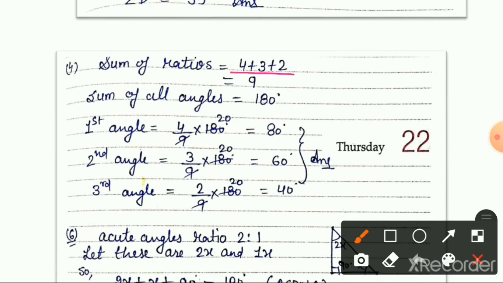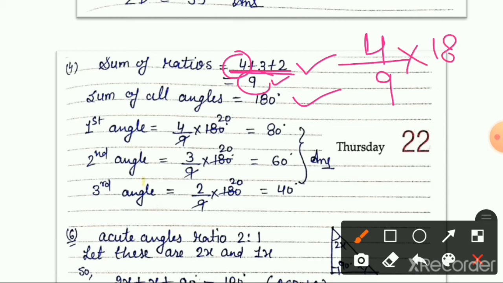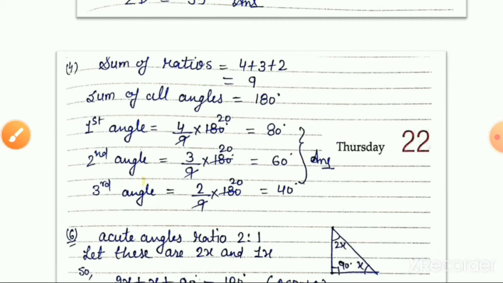When all three ratios are given, you take the sum of the ratios, which will be 9. Now we know the sum of all angles is 180 degrees. To calculate the first angle, its part is 4 out of 9 because the sum is 9. So 4 by 9 into 180 degrees, and calculate it. You will get the first angle, and in the same way the second and the third one.